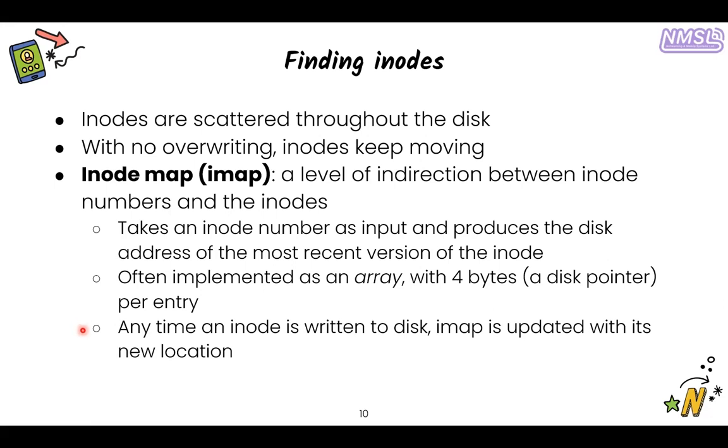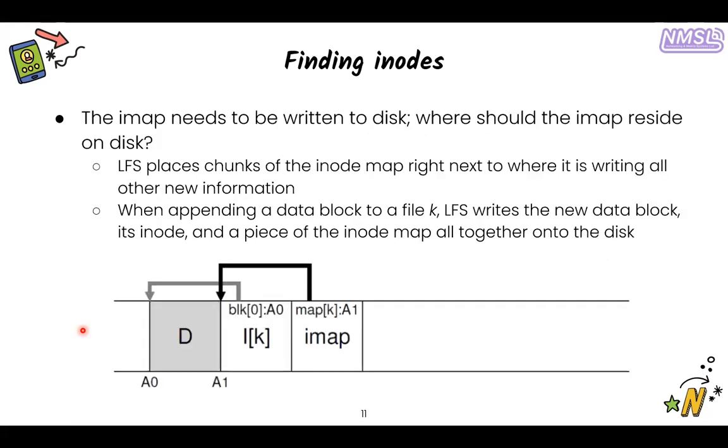Any time an inode is written to disk, the IMAP is updated with the new location. This is a map of inode number to its actual location. The IMAP needs to be written to disk, to be persistent.